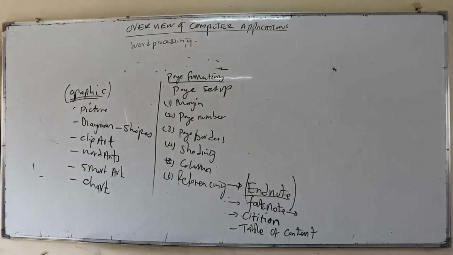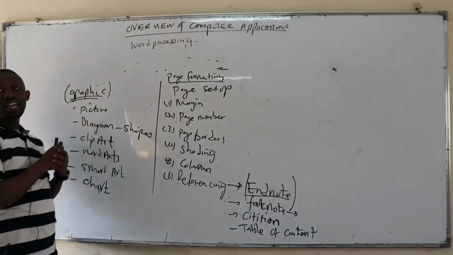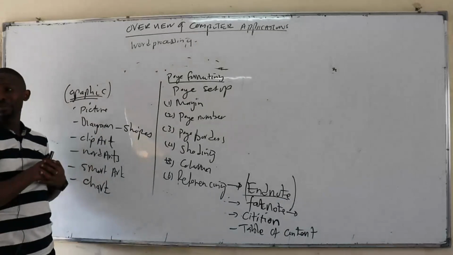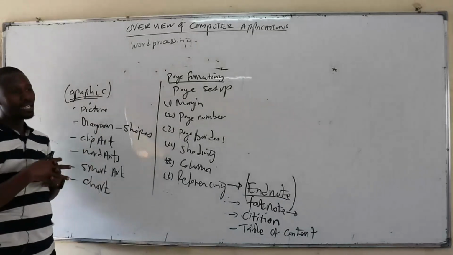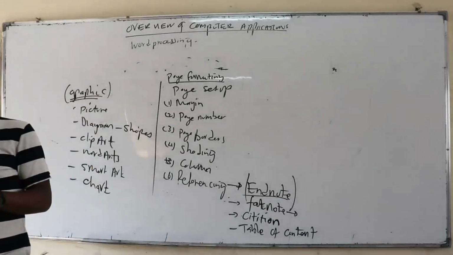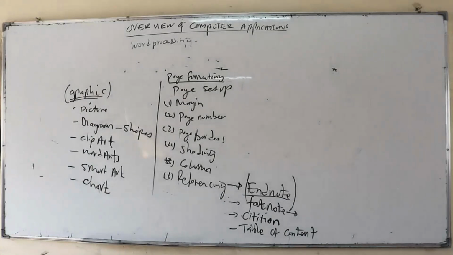If you check the paper of 2021, from the pilot paper and those done since the change of the syllabus, you'll notice something. There are some questions asking about these computer applications. Write the procedure of doing this task. What are the features of this program in relation to?